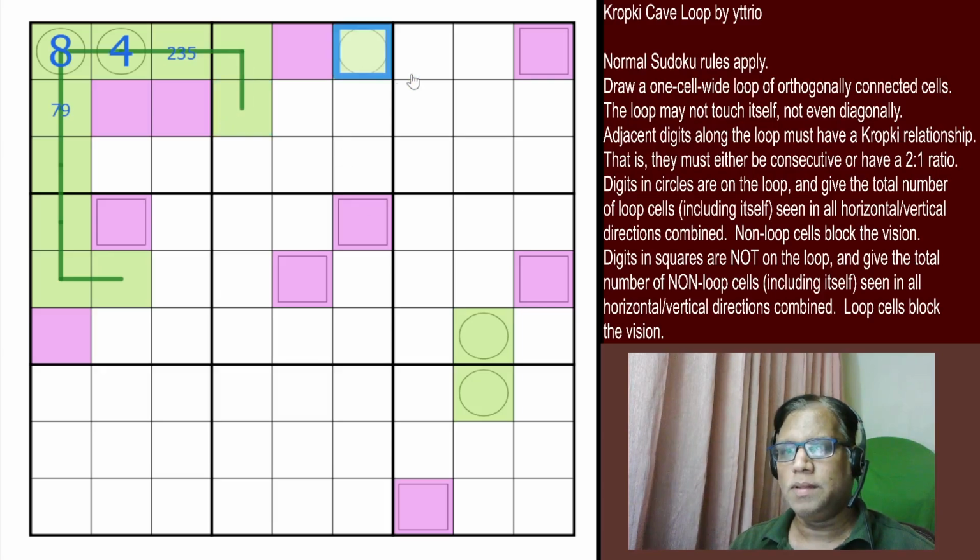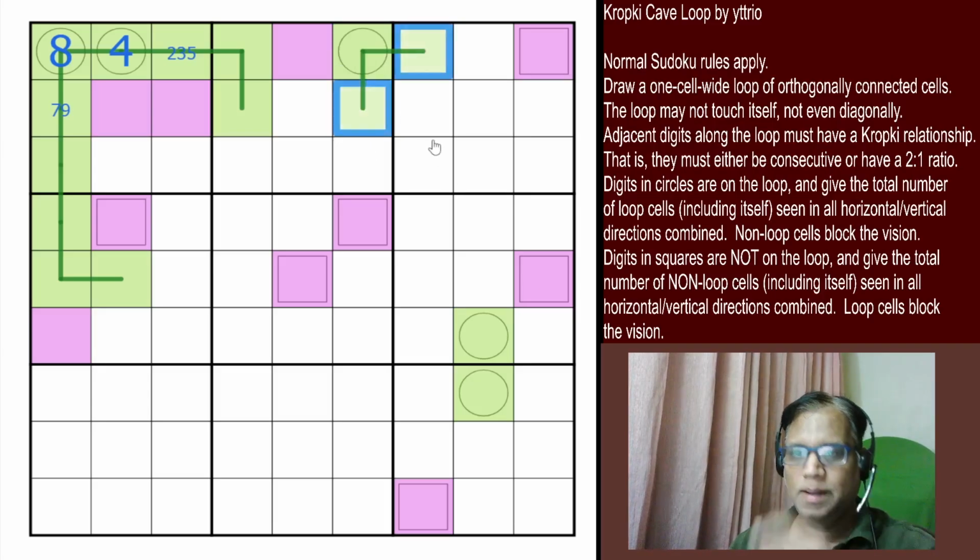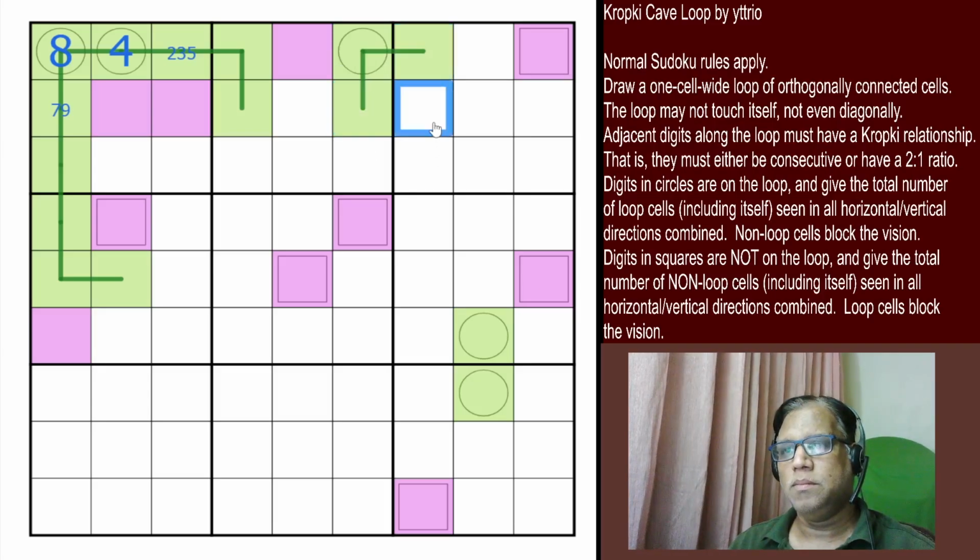Yeah, now about this, right? Yeah, the only way for the loop to go is like this, right? So clearly the loop is going like this, and that means both these are on this thing, right? Yeah, now this cannot come down, right? Because then it will be touching itself, right? It cannot be like this, because then it will be touching itself.